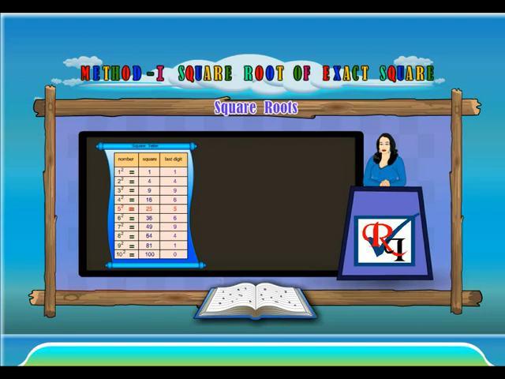If you look at the table carefully, you find that the square of 5 is 25. That means the last digit is 5, which we treat as the center of the table.